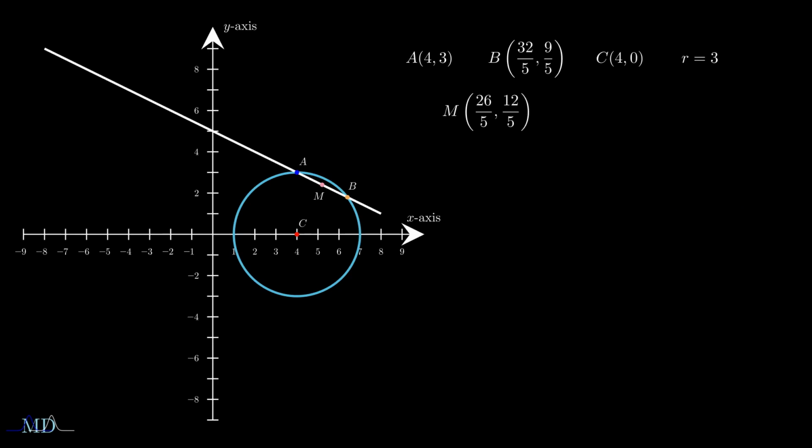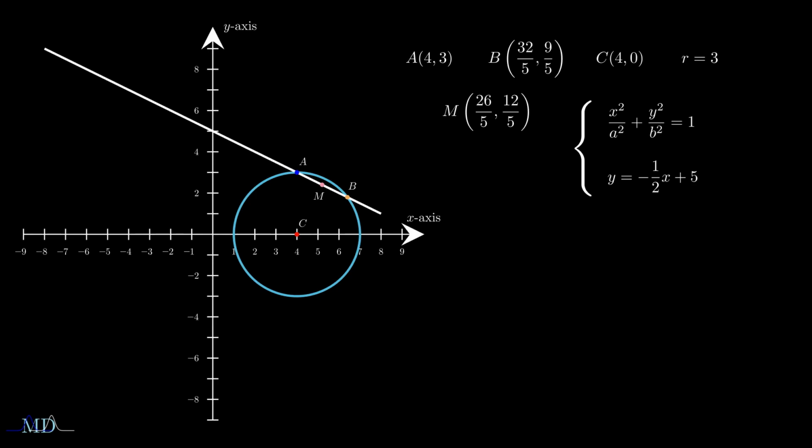In order to find the equation of the ellipse tangent to the straight line at the point M, we make a system with the equation of the line and the equation of a generic ellipse with center at the origin. It is x²/a² + y²/b² = 1.